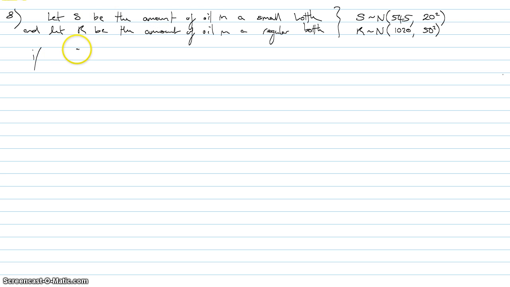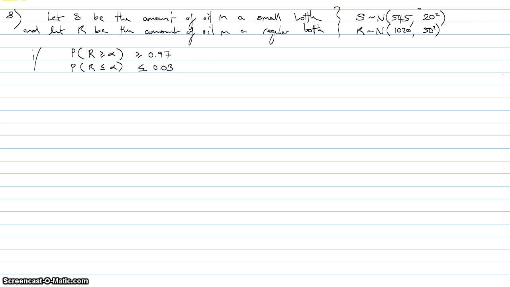So that means I want to find the value of alpha such that the probability that R is greater than or equal to alpha is at least 0.97, that 97% of bottles will meet at least alpha. Well, that's another way of saying that the probability that R is less than or equal to alpha is less than or equal to 0.03.